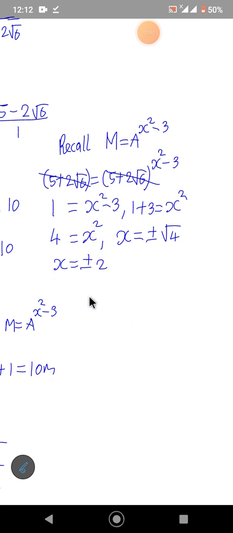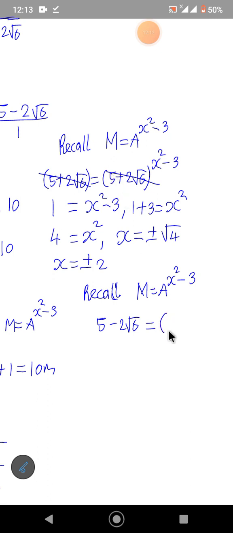We recall again, m equal to a raised to the power of x squared minus 3. Now m this time is 5 minus 2 root 6. For a, we know that a is 5 plus 2 root 6. So we write 5 plus 2 root 6, close bracket, all raised to the power x squared minus 3.